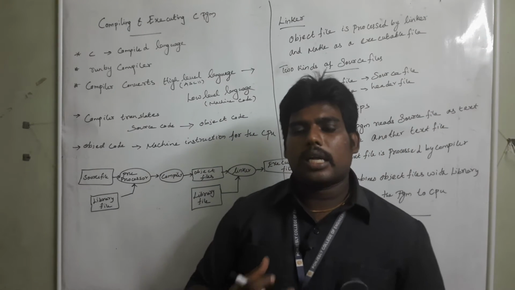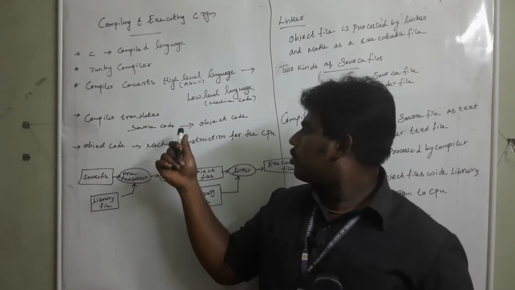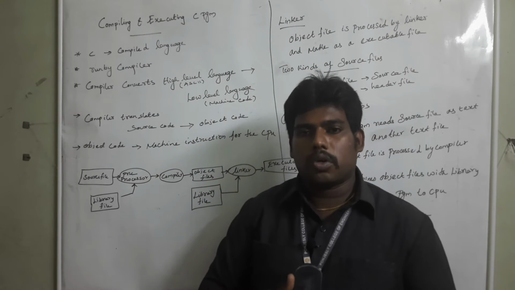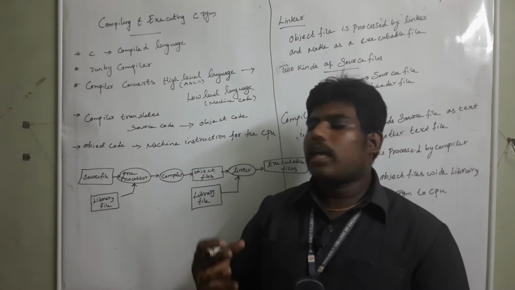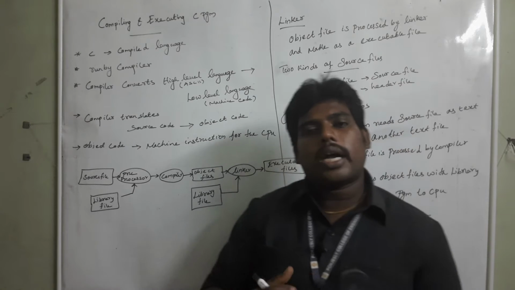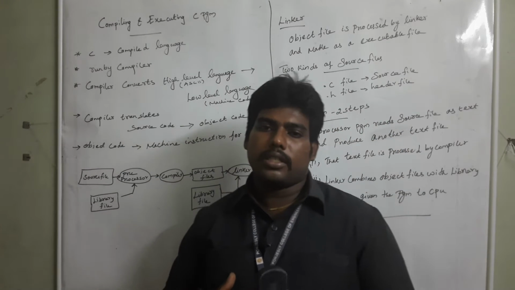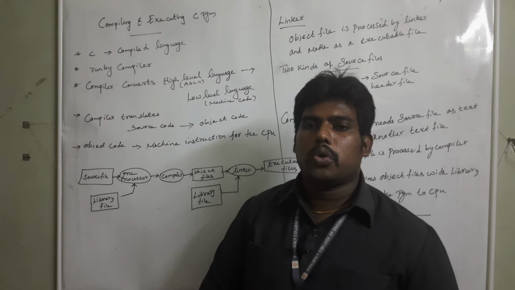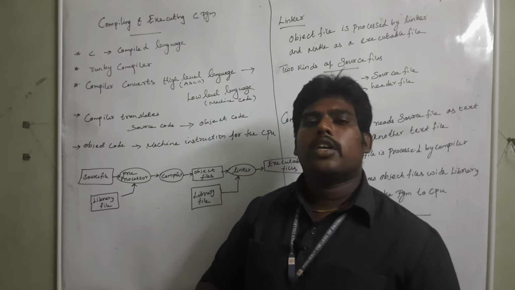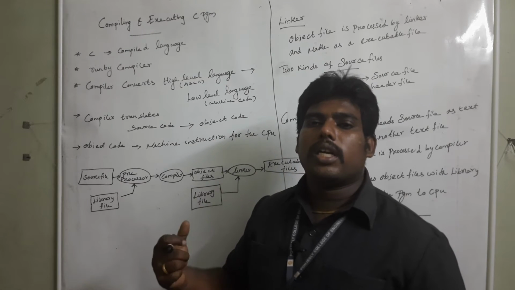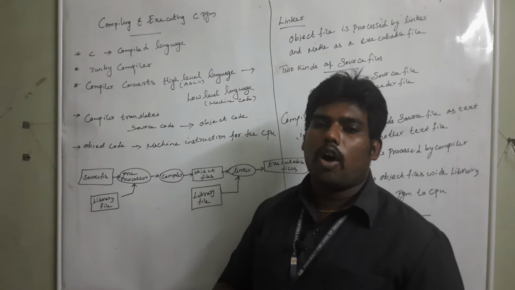The compiler translates the source code into object code. Okay, the object code contains the machine instructions that the CPU has to execute. Like that, the source code will be converted by the compiler into object code.